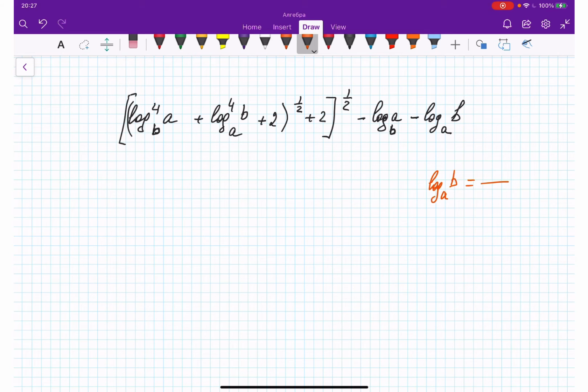Let's say I want to use base b, which is going to be logarithm b by base b divided by logarithm a by base b, where logarithm b by base b is 1, and here we have logarithm a by base b, which means to switch the base and result for logarithm, all we have to do is take 1 over that logarithm.